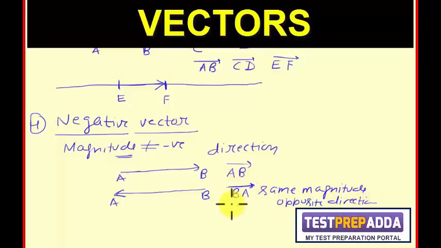So this BA will be considered as negative vector. Dear students, never write this vector in this manner. It is always written in this manner. So this is about the negative vector.